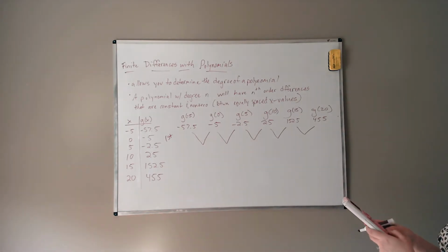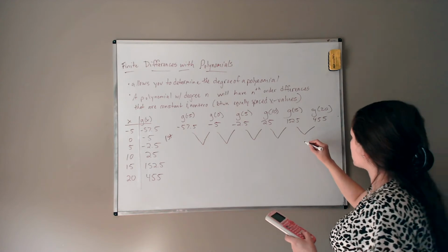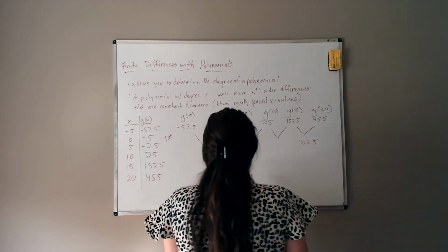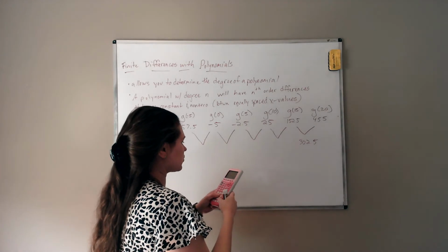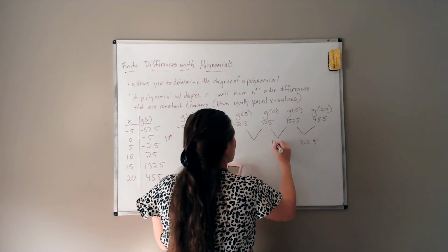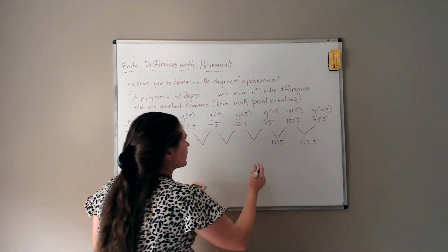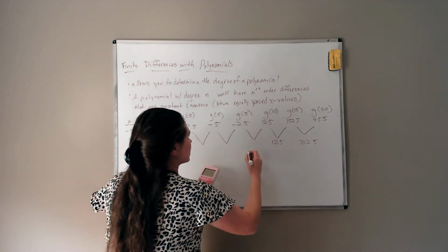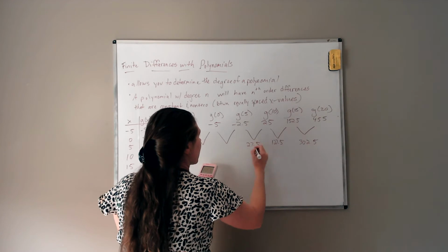450 minus 152.5 is 302.5. 152.5 minus 25 is 127.5. 25 minus -2.5 is 27.5.